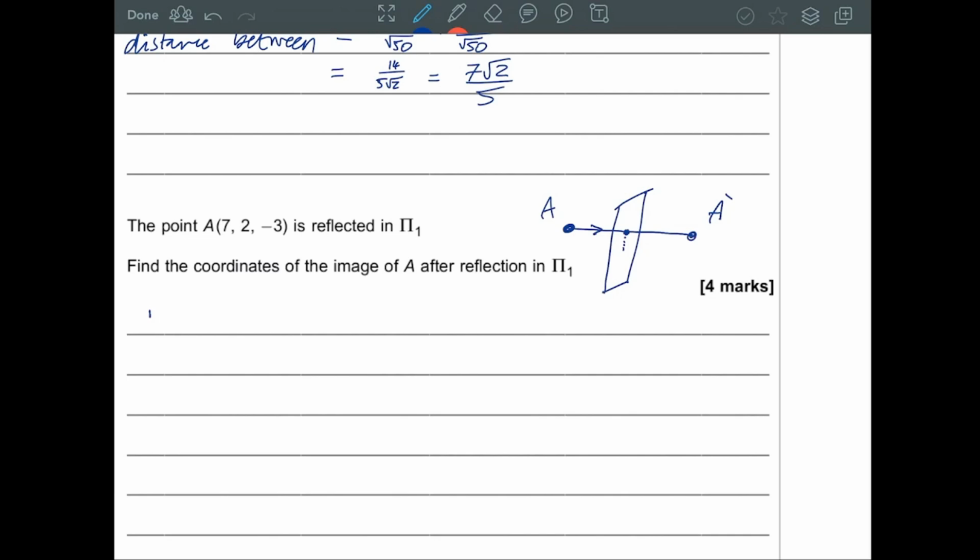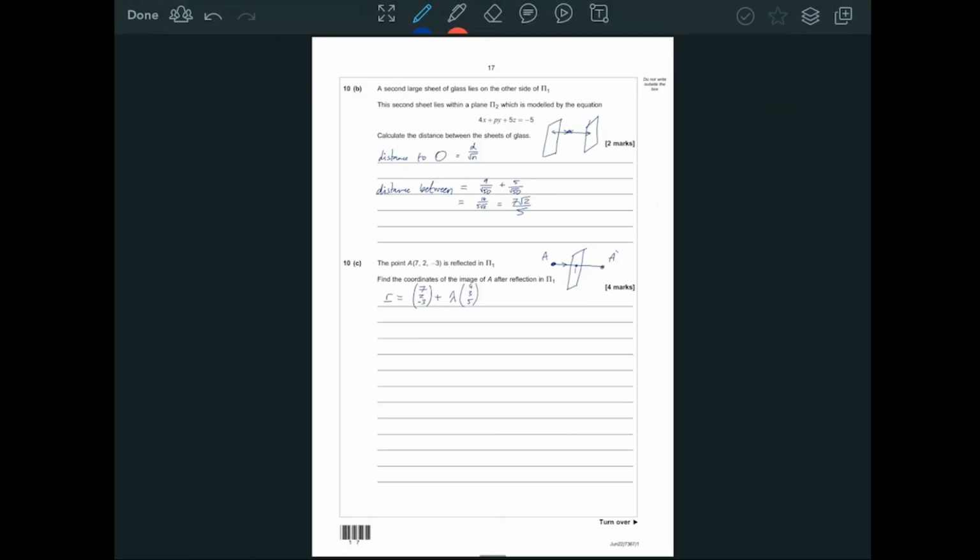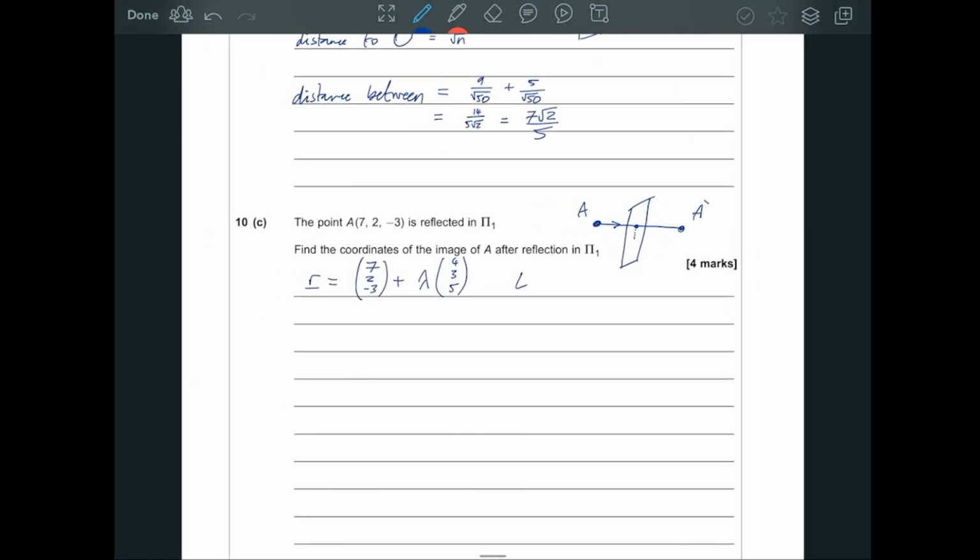So I'm going to define the line r equals (7, 2, -3) plus lambda, and this is the normal vector (4, 3, 5). And I've got the plane pi 1, which equaled 9. So that's 4x plus 3y plus 5z equals 9. I'm going to find their point of intersection.